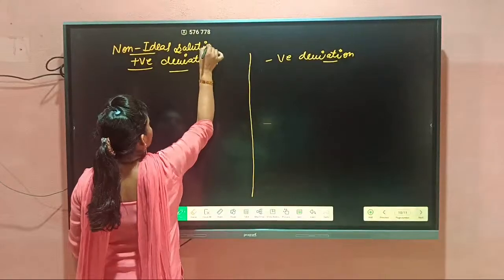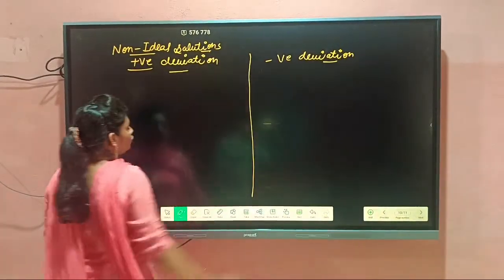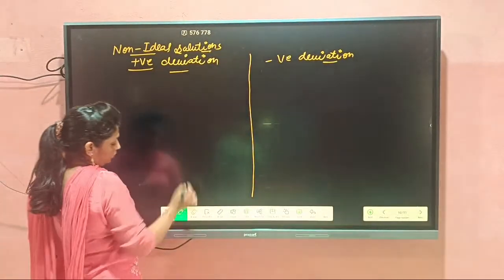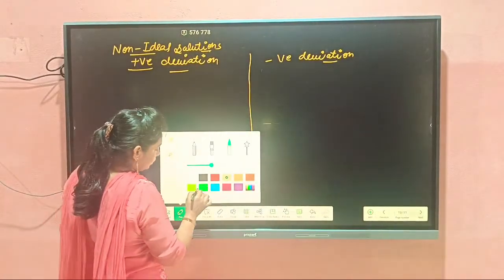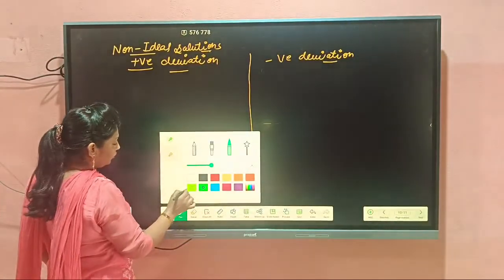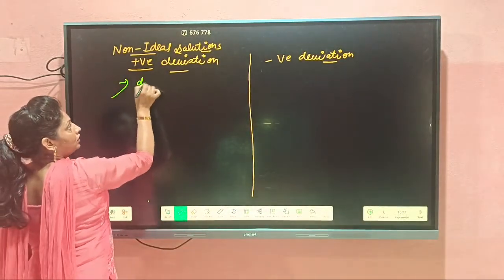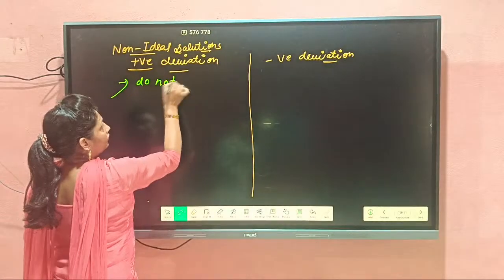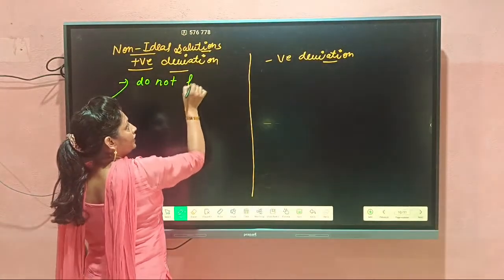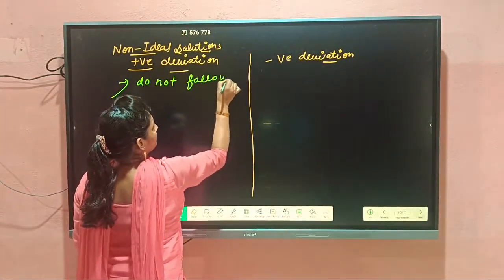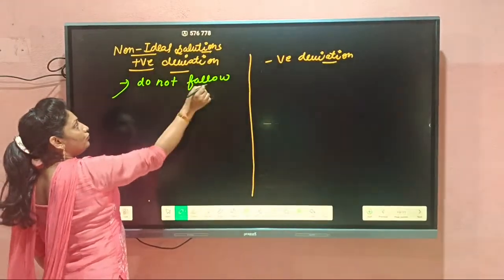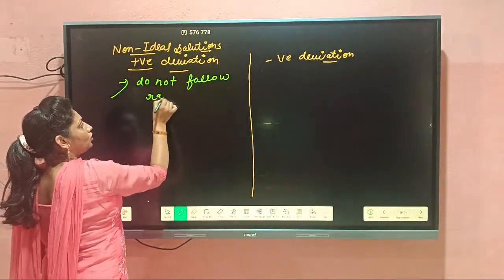Non-ideal solutions are those which do not follow Raoult's law. Positive deviation as well as negative deviation both do not follow Raoult's law.